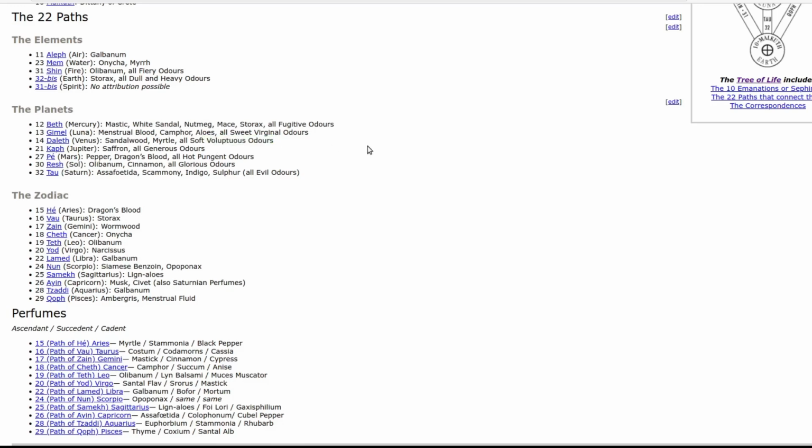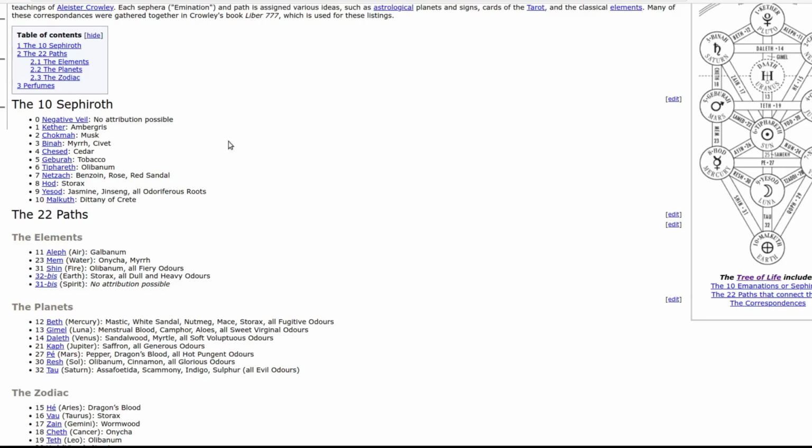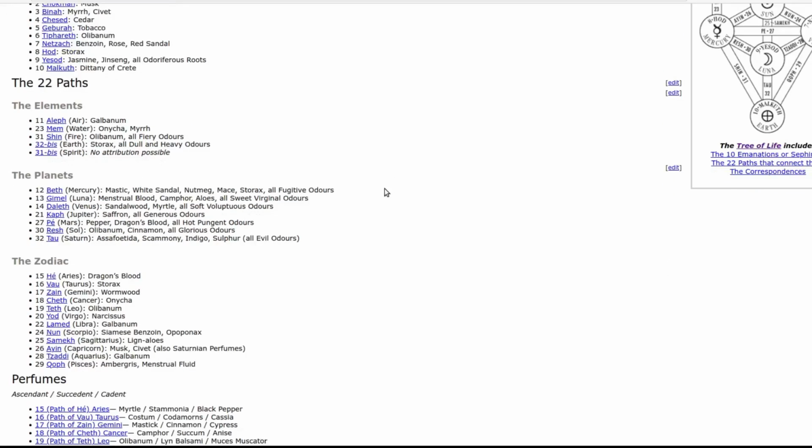I haven't gotten a huge dictionary on how to describe smells, so I think I'll have to read through this and understand it a little bit. Pepper, well, there's spicy, hot, pungent things from Mars. I guess this is just smells, instead of perfume, it'd just be smells. So what is Jupiter? All generous over saffron, sandalwood, myrtle for Venus.